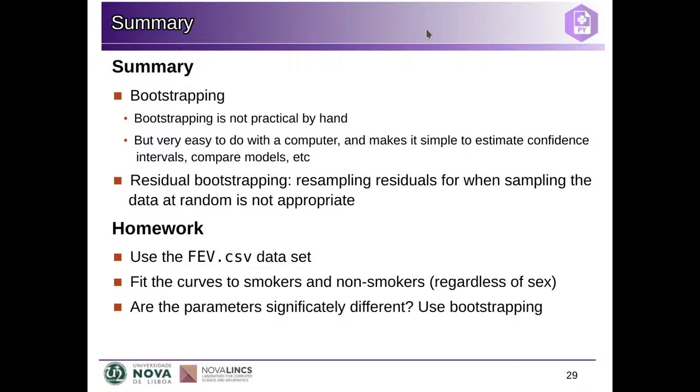So ignoring sex differences, just the group of people who smoke and don't smoke, and see if with bootstrapping you can decide if the parameters are significantly different or not.